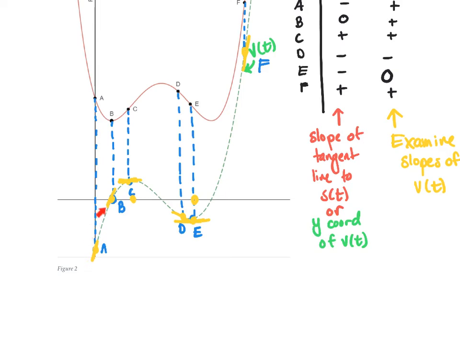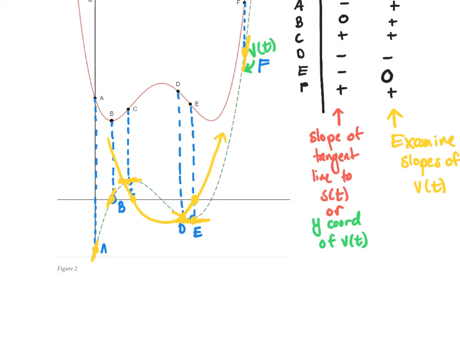Wherever the velocity graph is increasing, its derivative should be positive. So I'm going to start out with a positive derivative. Anywhere where the velocity graph is decreasing, so from here to point E, my derivative should be negative. And then anywhere the velocity graph is increasing, my derivative should be positive.